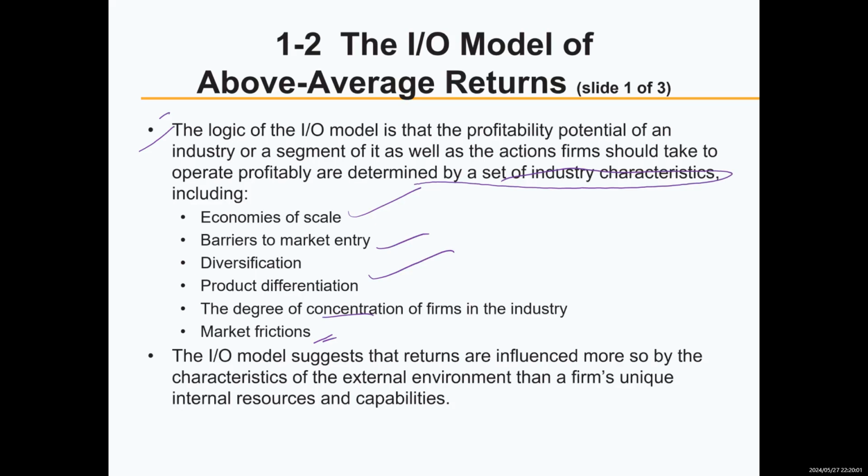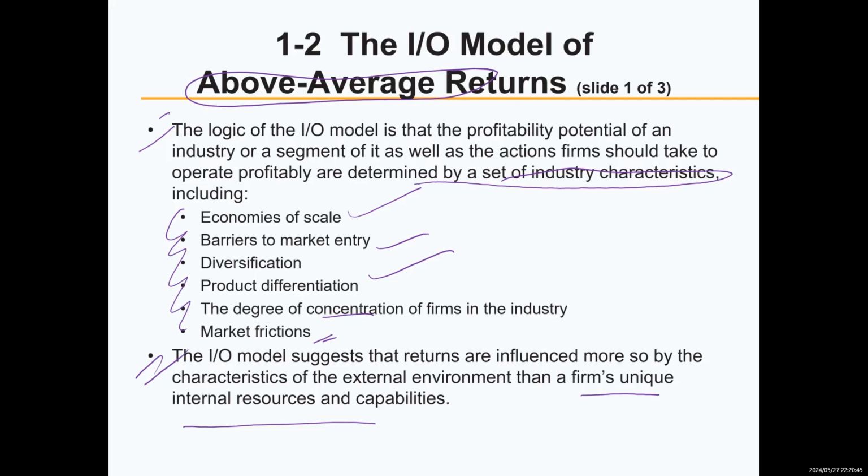In other words, this model presumes that the characteristics of and conditions present in the external environment determine the appropriateness of the strategies that are formulated and implemented in order for firms to earn above average return, right? The IO model suggests that returns are influenced more by the characteristics of the external environment than by a firm's unique internal resources and capabilities.